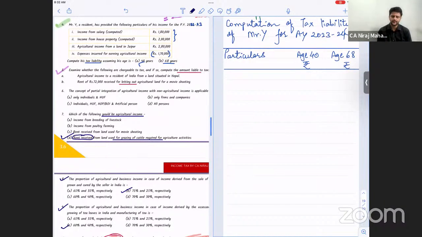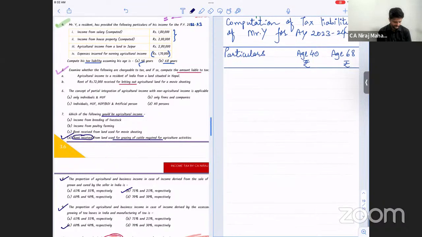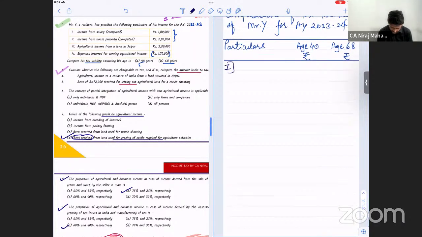Now pay attention. We'll be writing in a proper manner, right? Ready, bacho? Check. First one, I'm writing, bacho, is gross agri income. Two lakh 80. So the taxable amount is going to be same.